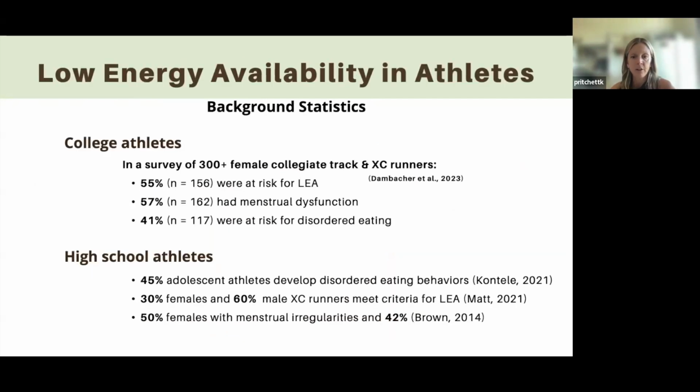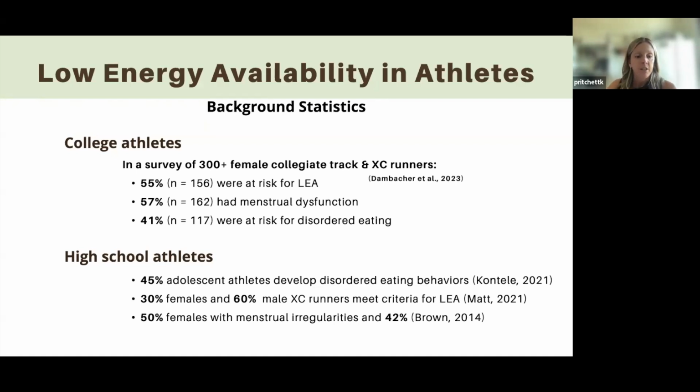And so low energy availability in athletes is an area that Leah and I have recently looked at in some of our survey research. And so we found that in a group of collegiate cross-country runners, 55% were at risk for LEA. And this was based off of a survey or risk assessment tool known as the LEAF-Q.